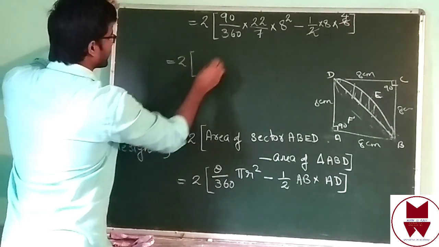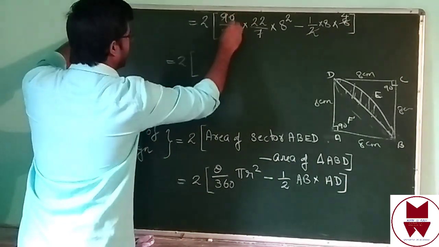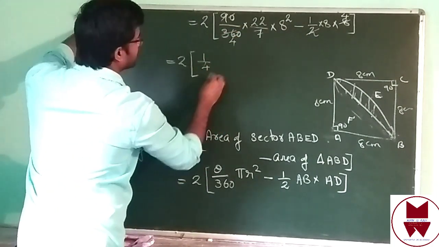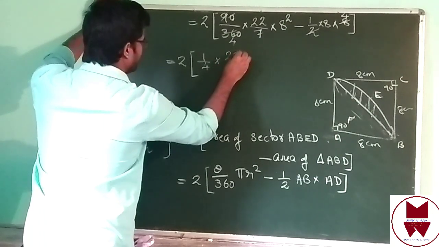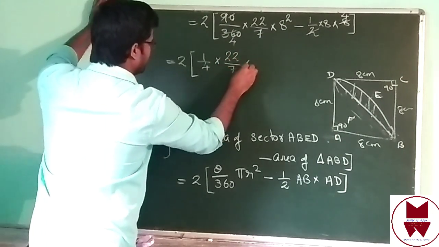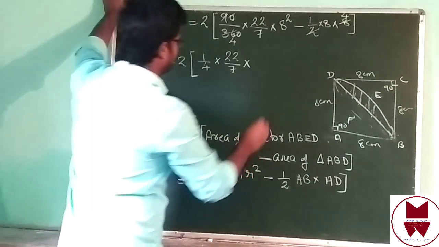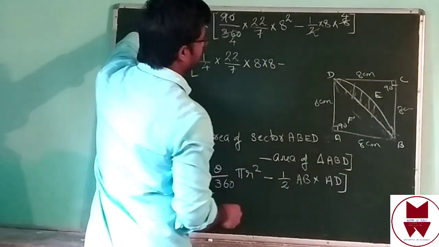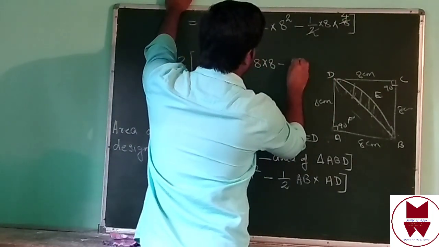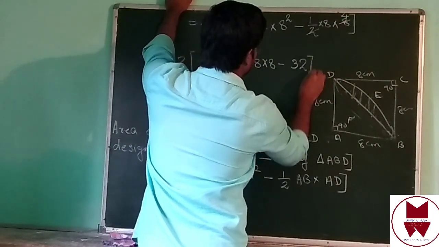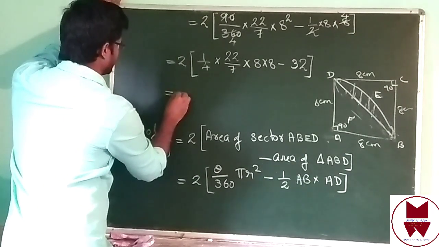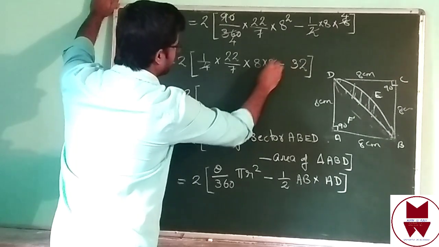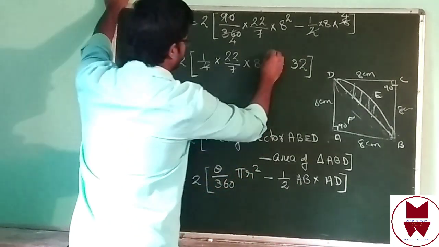Two into 0, 0 cancel. 9 and 36 cancel 4 times. 1 by 4 into 22 by 7 into 8 square. 8 square we can write 8 into 8, minus then remaining 8 into 4, remaining we can directly write 32. 2 into, in here 4 and 8 cancel 2 times.